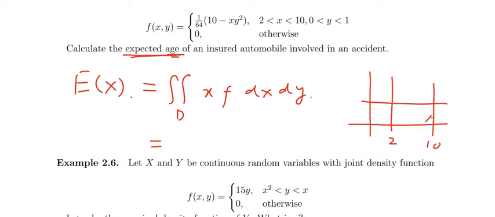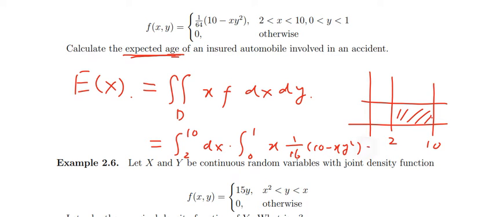So this problem becomes really easy. It equals the integral from 2 to 10 dx, and then dy from 0 to 1, of x times this density function dy. Such integration is easy.